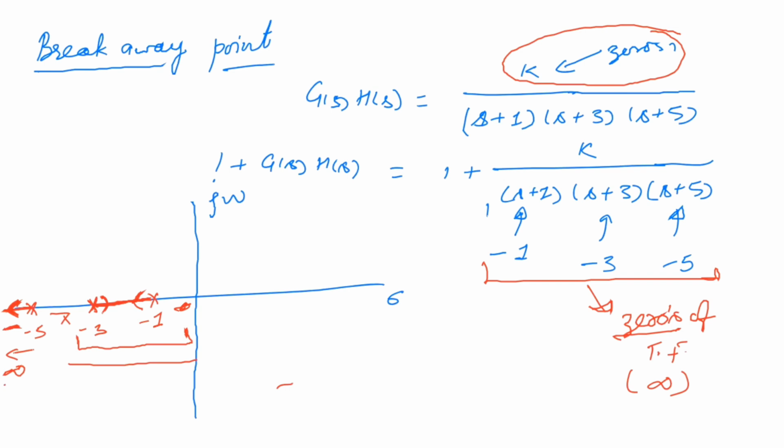So it is a pretty straightforward rule. To find the breakaway point, we always take dK by ds equals 0. When we find the roots of this, we get the breakaway point.